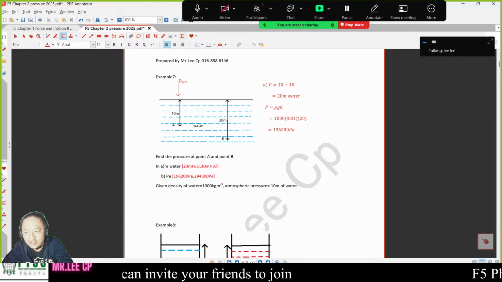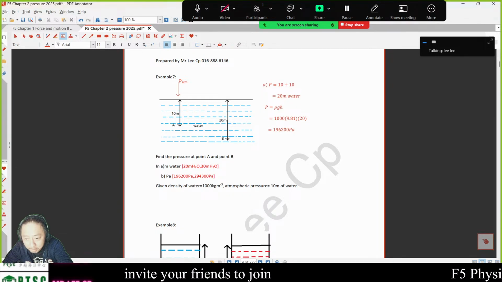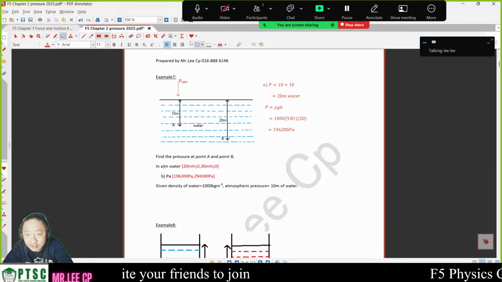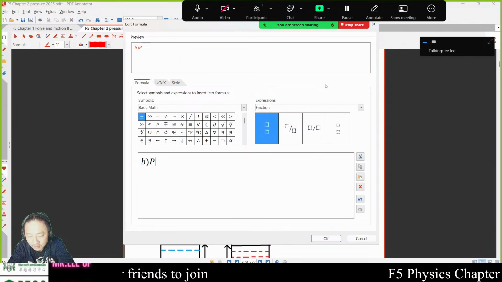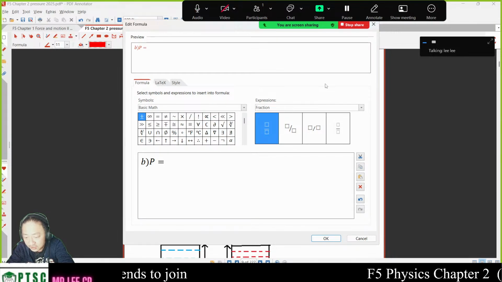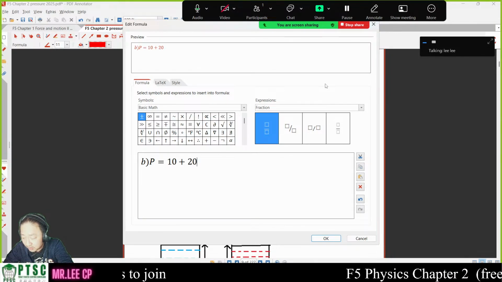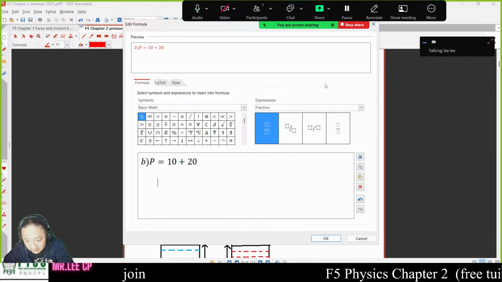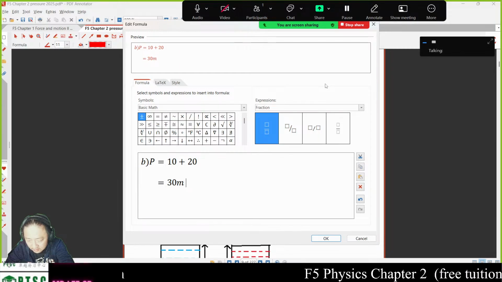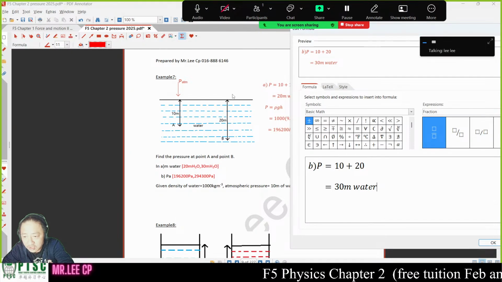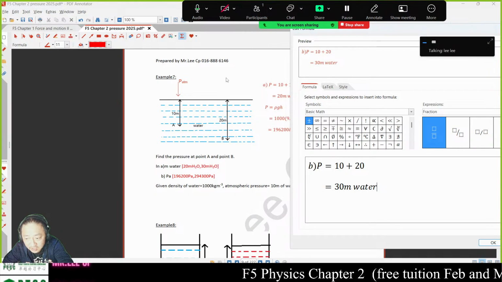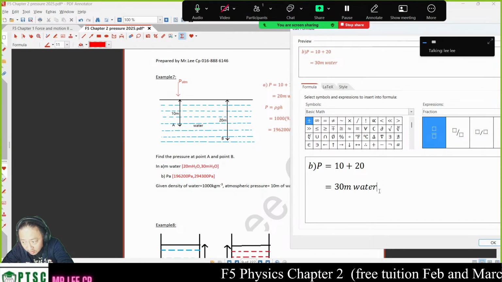So now B. Find the pressure at point B. Pressure at point B is 10 plus 20, it is 30. How 20? 10 is atmospheric pressure, plus 20 is 30.